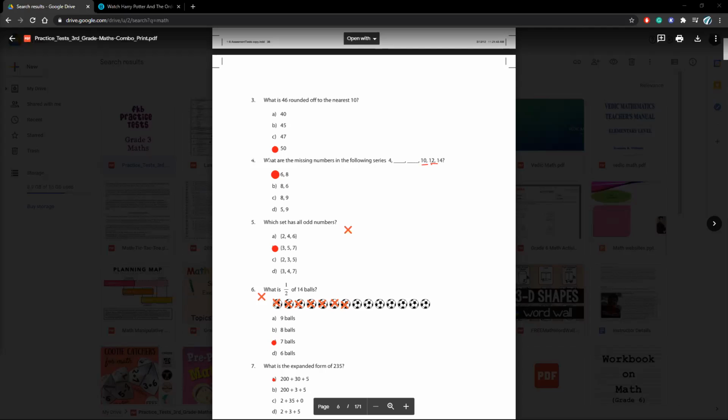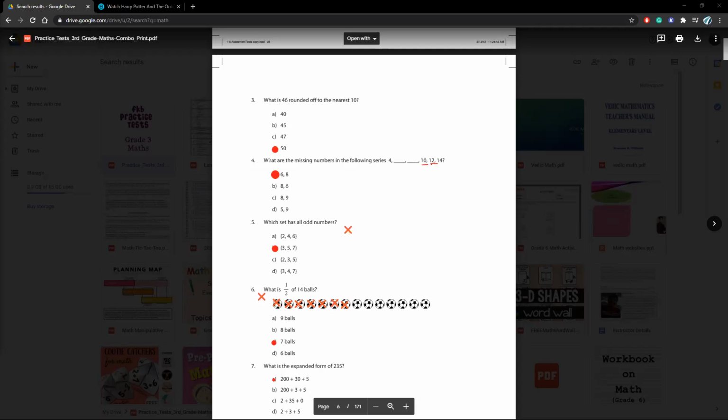I actually have another strategy, and I wanted to share it because it would be really useful in other problems too. Of means multiplication, and if you have any other word problem saying of or something like that, you can remember to multiply.